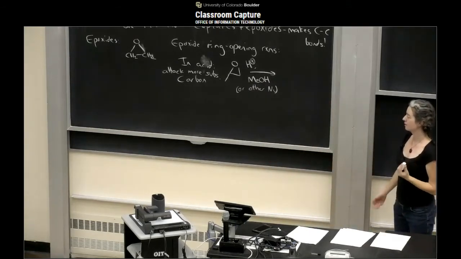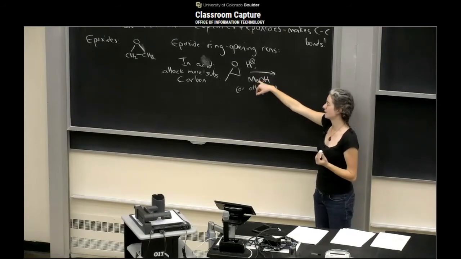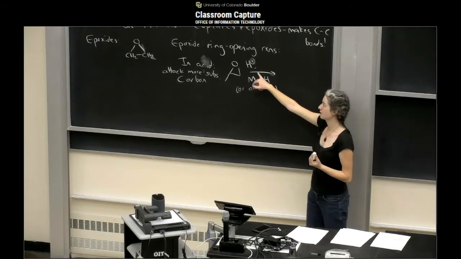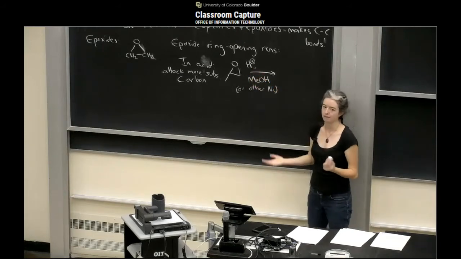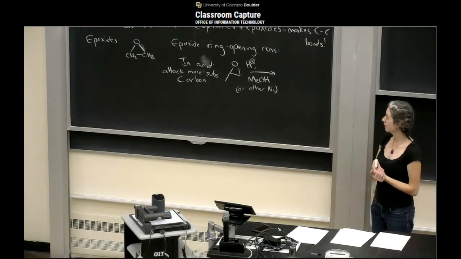That could be some other nucleophile, but the caveat is it's got to be able to exist in the presence of acid. You wouldn't be able to use MeO minus for this reaction because it would immediately react with the H plus and you wouldn't have MeO minus anymore. So is it fair to say the nucleophile can't be charged then? There are some really weak base nucleophiles that you can do this with.